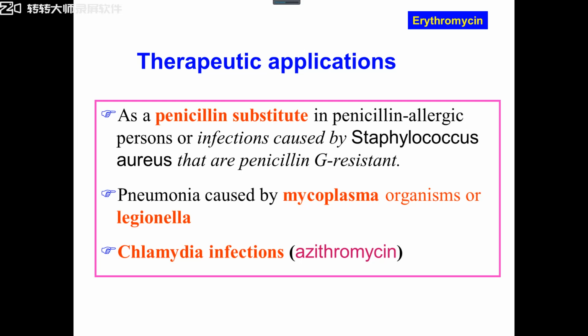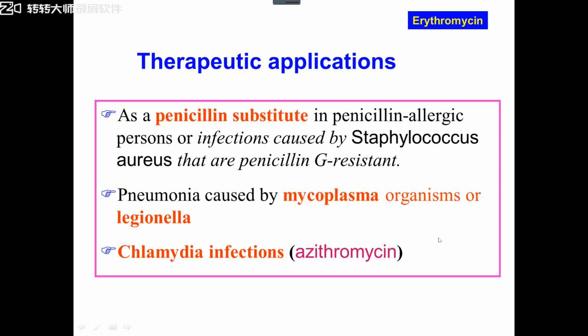Among erythromycins, the most widely used drug this year is azithromycin. So the question is, which drug is the first choice to treat chlamydia infections or mycoplasma pneumonia? You should know the first choice kind of drug is macrolides, erythromycins. The first choice drug is azithromycin. Understand? Okay. So that's the clinical use we have studied.